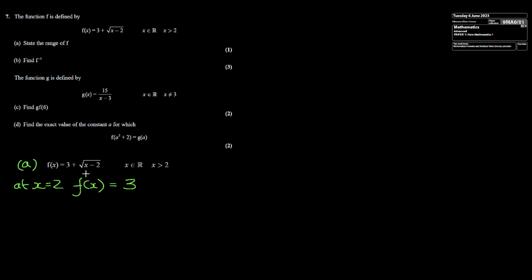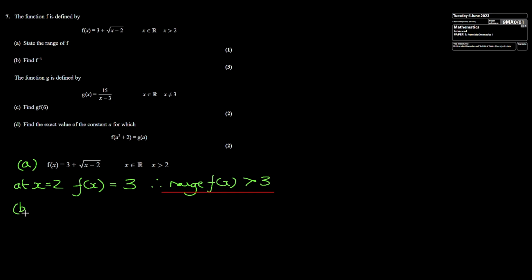Yes, I know we're taking the square root, but this number keeps clocking up. And f of x will climb to, effectively, infinity as x goes to infinity. So as x gets larger, f of x goes higher as well. So the range of f of x will be greater than 3. And that will be your answer.